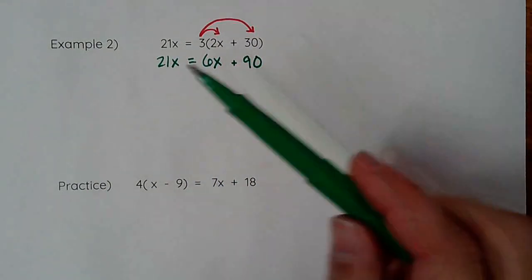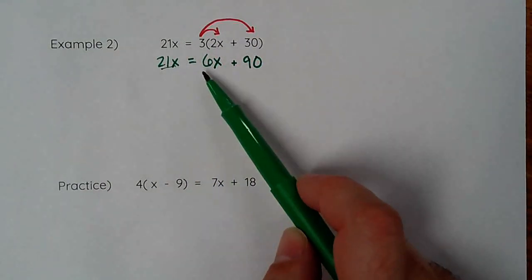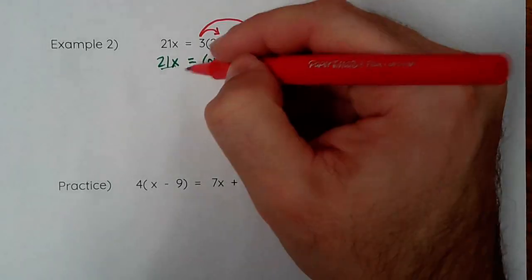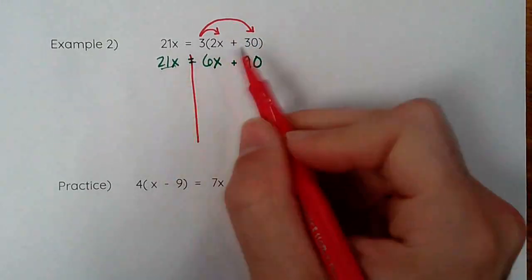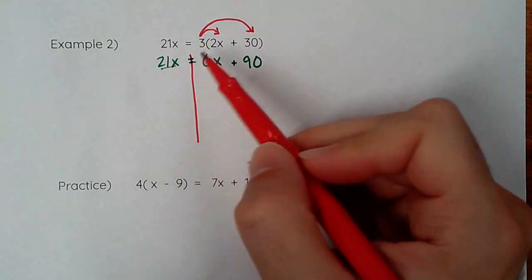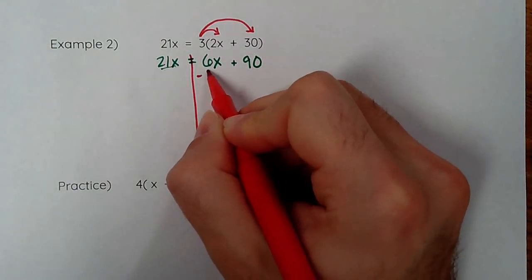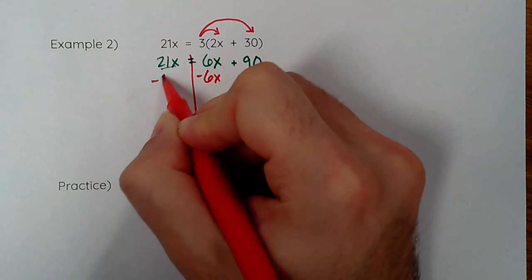Now I look for combining. There's nothing to combine on the left, and there's nothing to combine on the right. I do have variables on both sides, so I'm going to decide what I want to do. 21 minus 6 or 6 minus 21. I'm going to subtract my 6x.